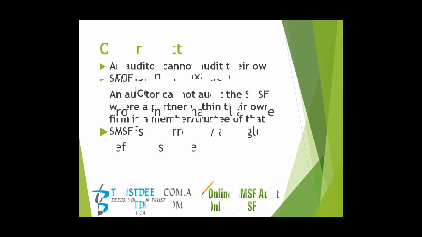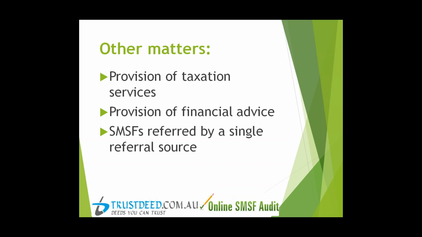First is provision of taxation services to a fund. Where you are providing taxation services to a fund, which is also an audit client, this would not of itself create a threat to independence that could not be mitigated by safeguards.